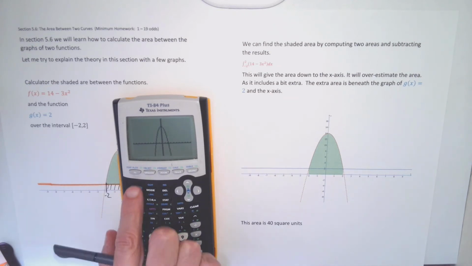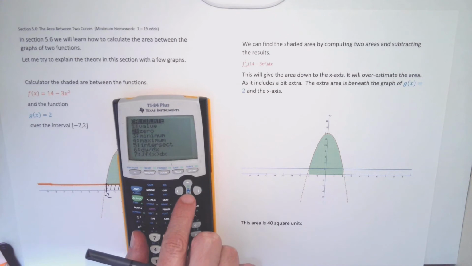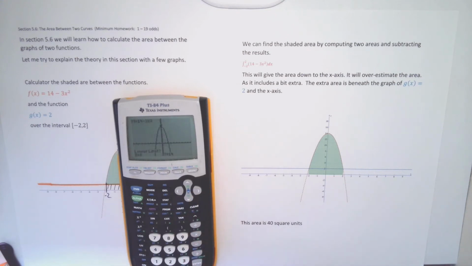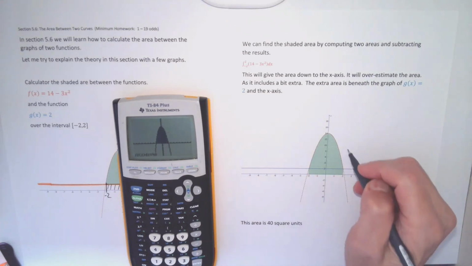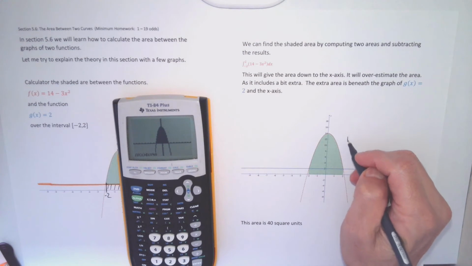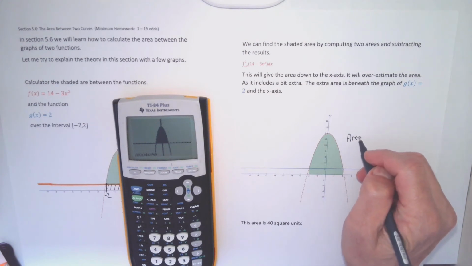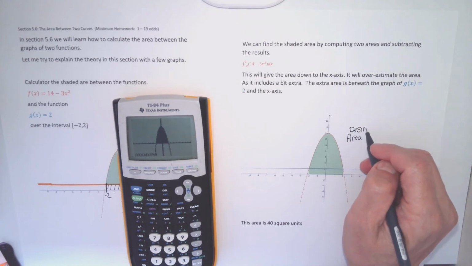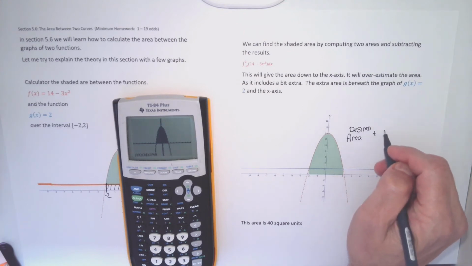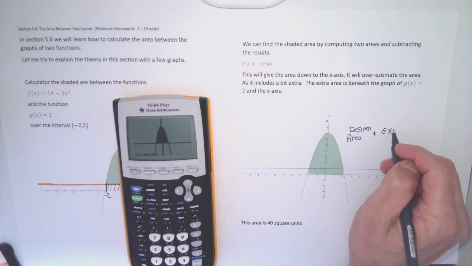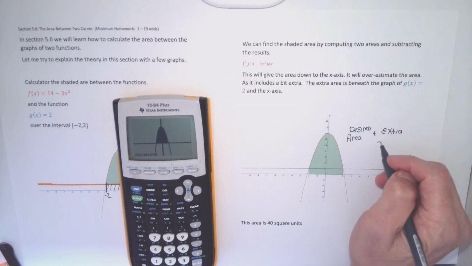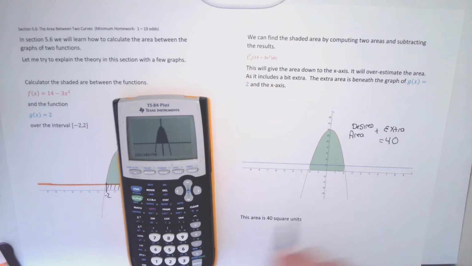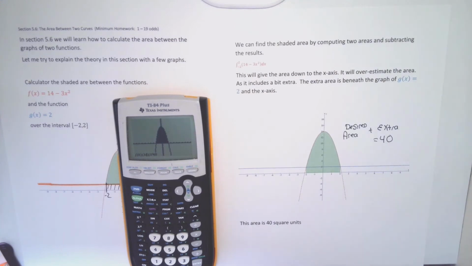And let me integrate. So second calc, the integration from -2 to +2. And that tells me that this whole area, the area that I want, the desired area, plus a little bit of extra, is 40 square units.